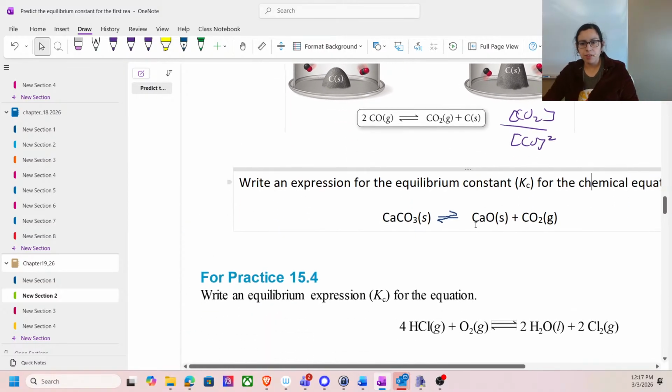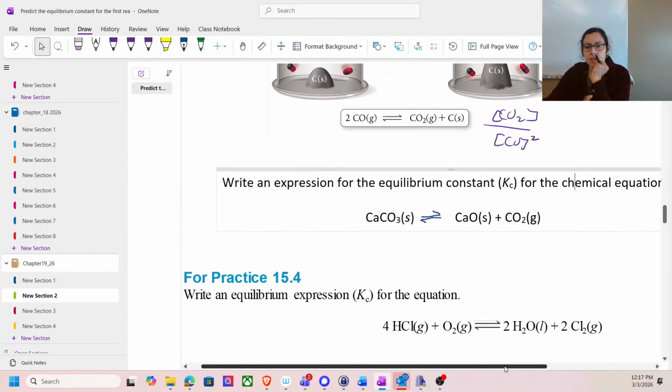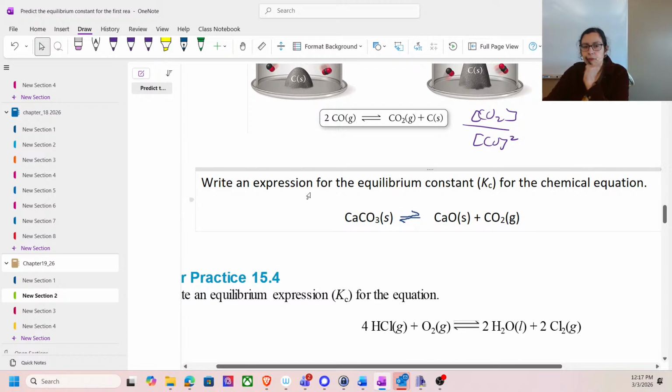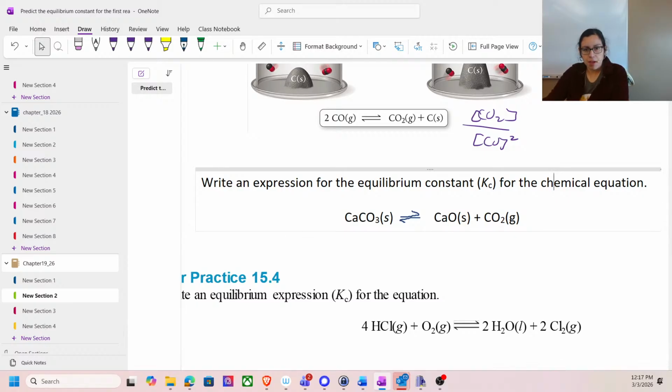All right, see if you can write our equilibrium constant expression given this reaction. Think about what we said: solids don't matter.